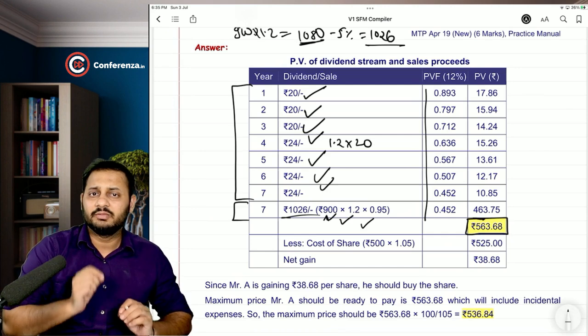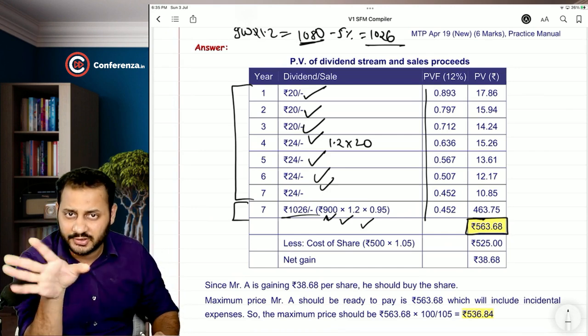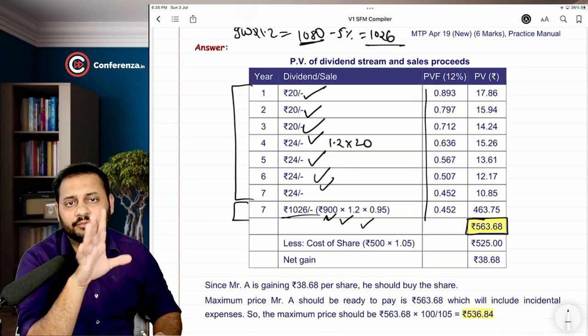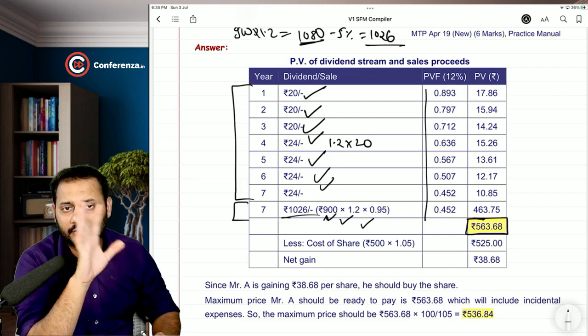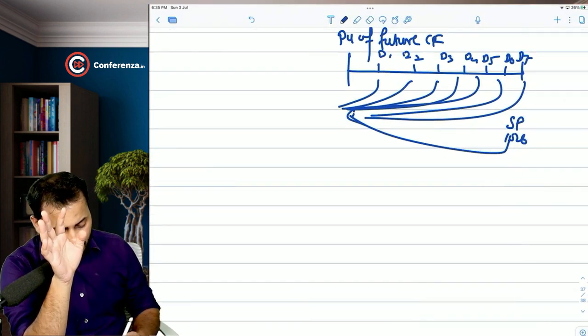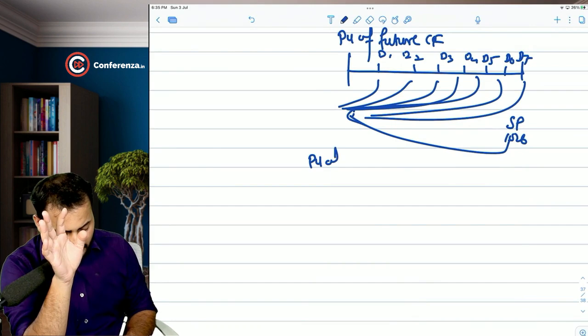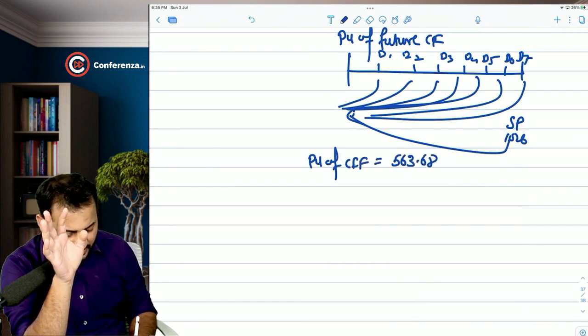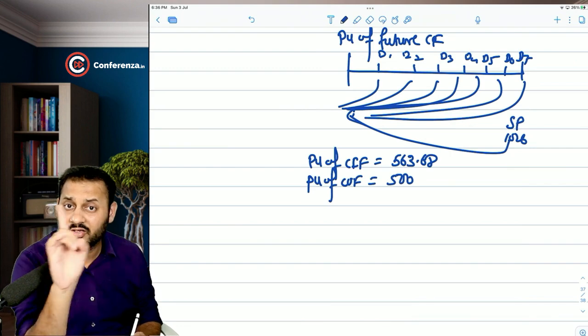So this is the present value of future cash flows, whether you should buy the share today or not. See, in terms of present value, the cash inflow to you is 563.68. And in terms of present value, the cash outflow to you is not 500 only.